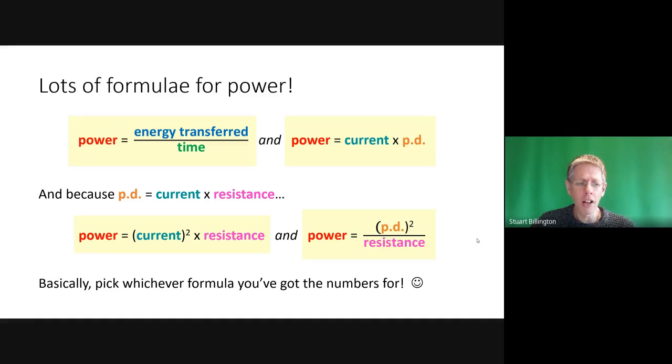I can't emphasize enough how important the formulae on this screen are in terms of your ability to calculate electrical things. You can see what's coming up. We need to do some practice involving these formulae.